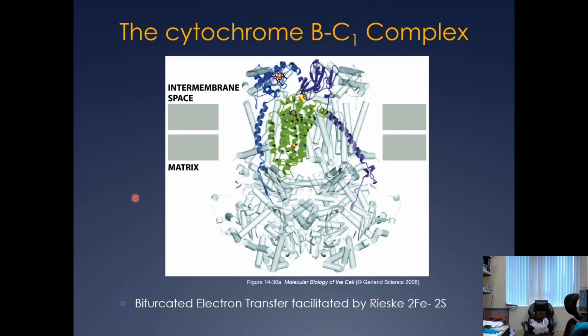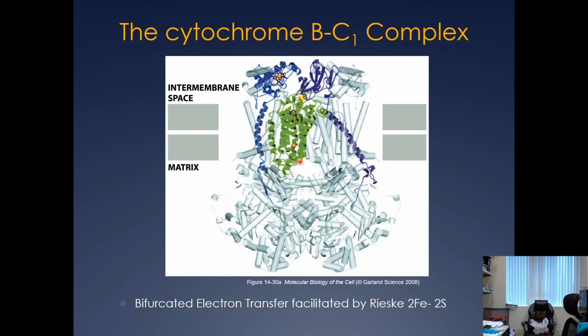But I really want you to memorize and understand how electrons move through the cytochrome BC1 complex, because to me it's really fascinating, and I want you to truly appreciate it. If you understand how electrons are traveling through here and how it's pumping protons, I think you'll get a really good overview of exactly how the system works.